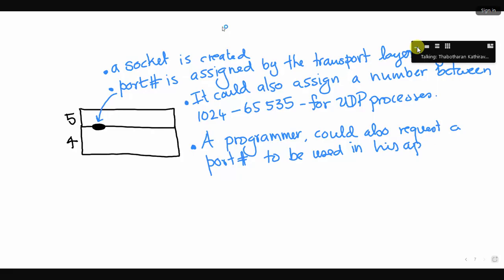That is also possible. So let's see a small example.